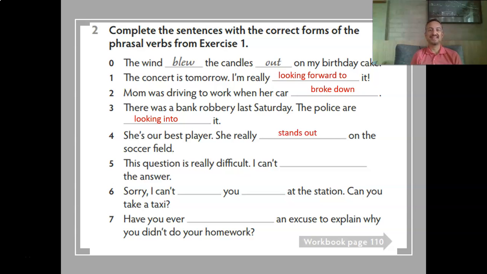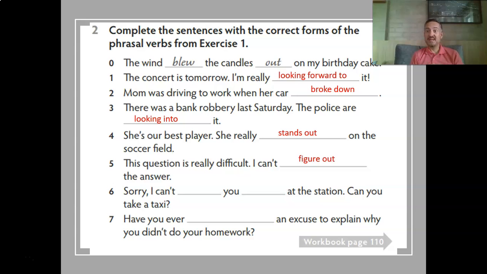Everybody can notice. Okay. Number 5. This question is really difficult. I can't blank the answer. So how can I say using your mind to solve a problem or a situation? Starts with F. I can't figure out the answer.